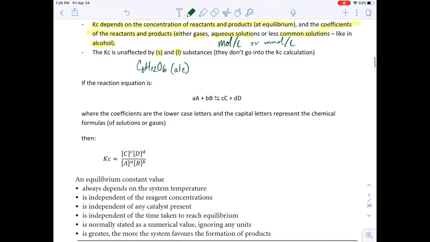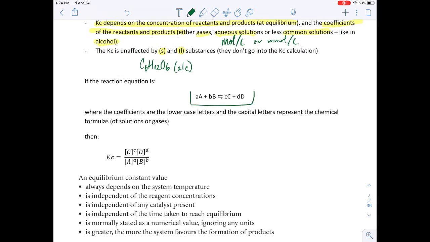Now we're going to use this very bizarre reaction to show the pattern, but it's just a pattern. So here we've got chemical A, B, C, and D, and their coefficients are written as the lowercase letter.